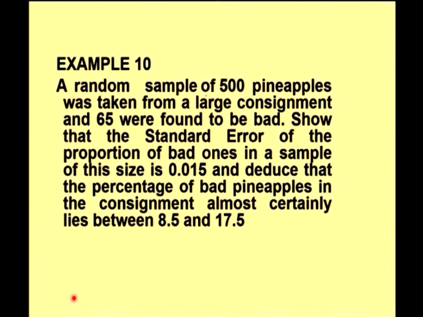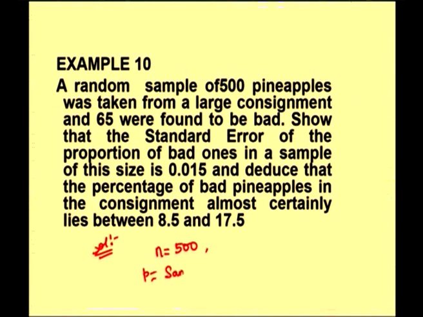First of all, we will write down the information from the question. Sample of 500 pineapples, therefore N is equal to 500, and out of 500, 65 are found to be bad. Therefore, small p is the sample proportion of bad pineapples.